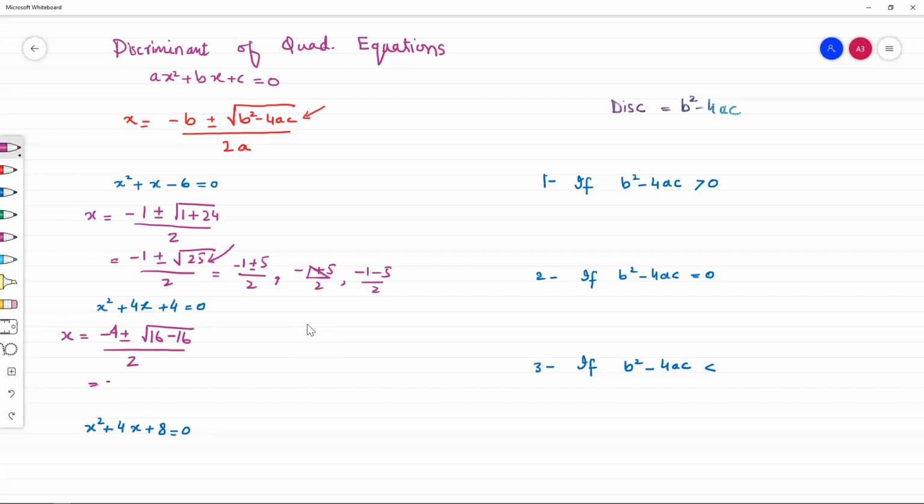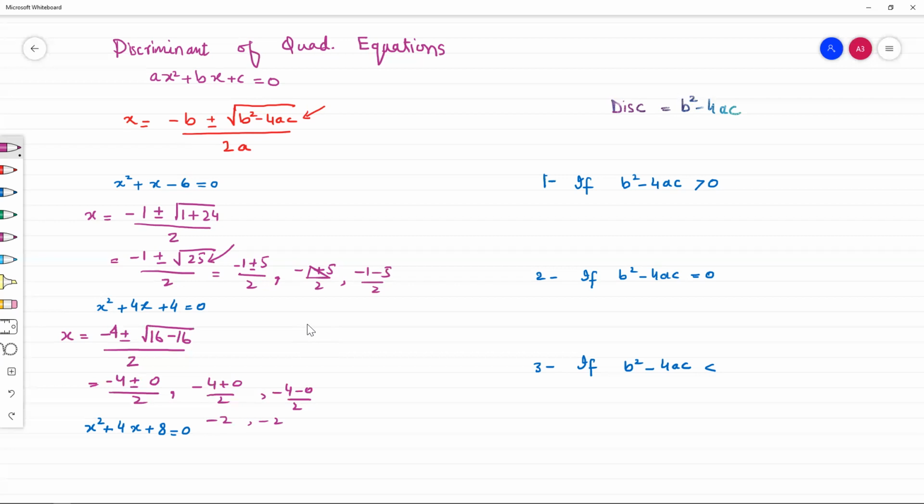So this would be minus 4 plus minus 0 over 2. In this condition, minus 4 plus 0 over 2 and minus 4 minus 0 over 2, we will get the same answer, minus 2 and minus 2. So we can say that there is only one real root, the roots are repeated, or roots are same.